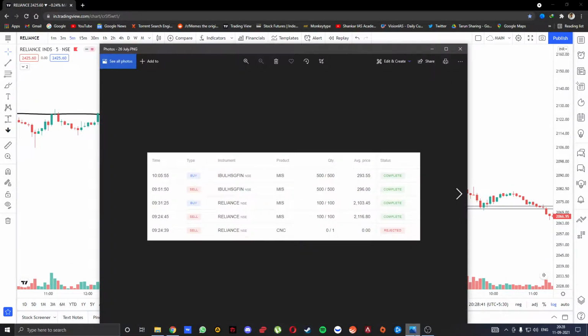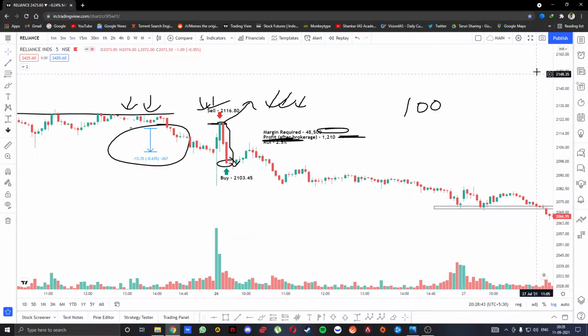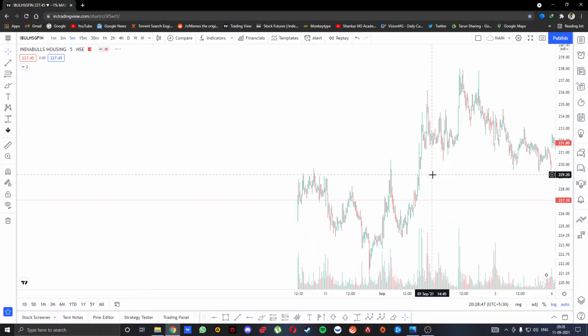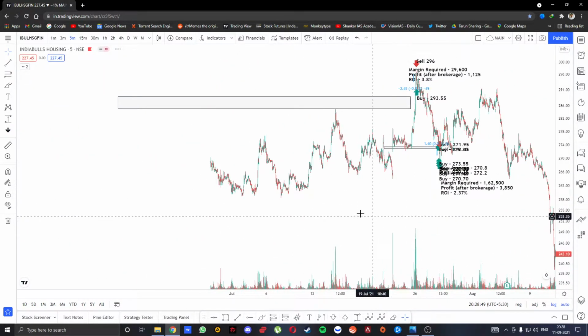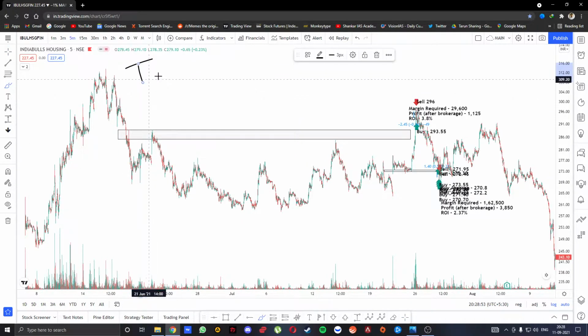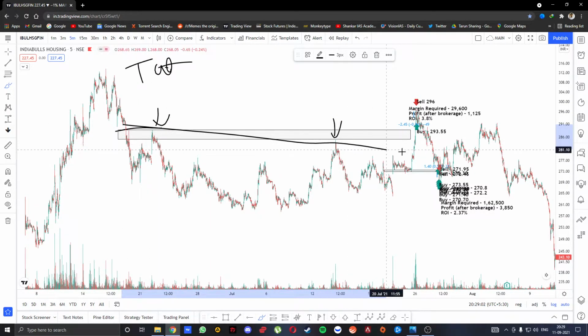The next trade was in Indiabulls Housing Finance. Let's go to that. Now, this is similar to the first trade of Tata Power, which we talked about. And here was a resistance, multiple resistances, and some trend line breakouts as well.